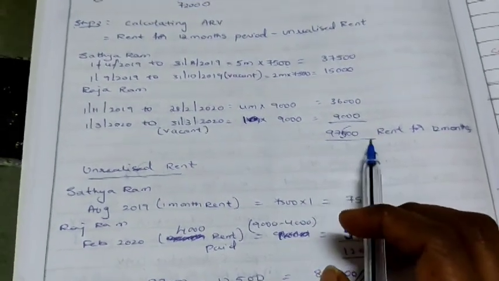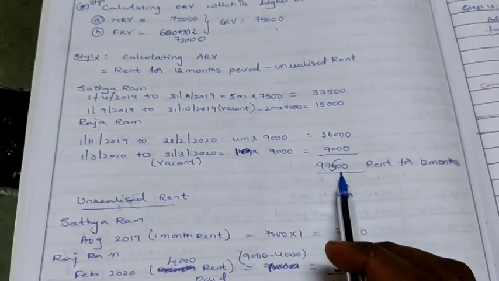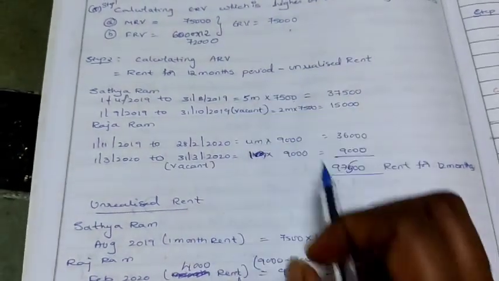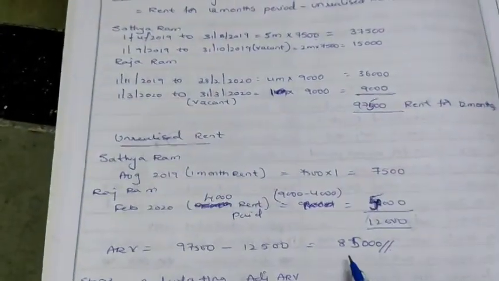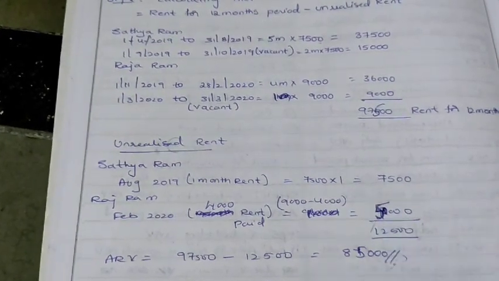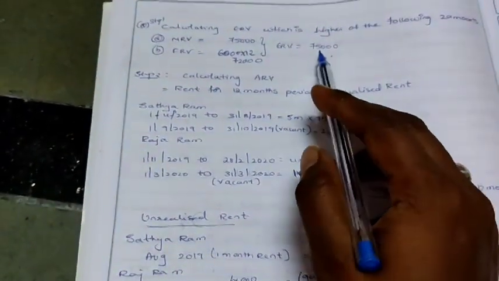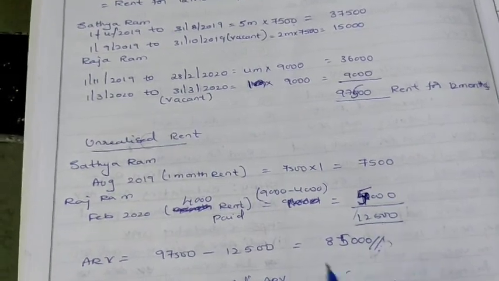If unrealized rent is not there and vacancy is not there, ARV will be 97,500, so GAV will be 97,500, because the higher value is taken here. But because of unrealized rent, ARV has been reduced to 85,000. Still ARV is more than the ERV, so here we will take the ARV only.